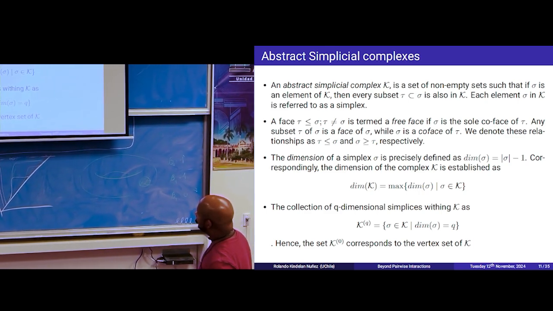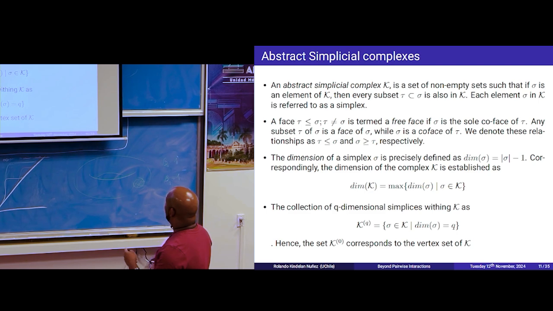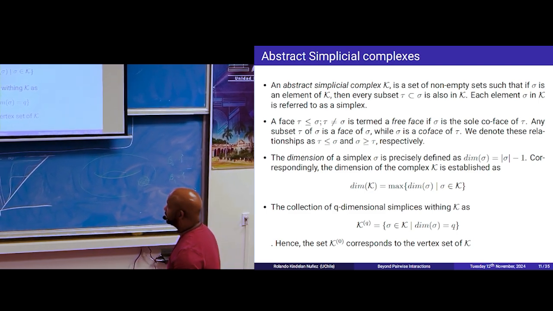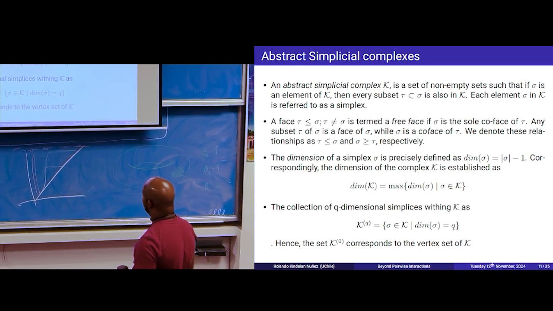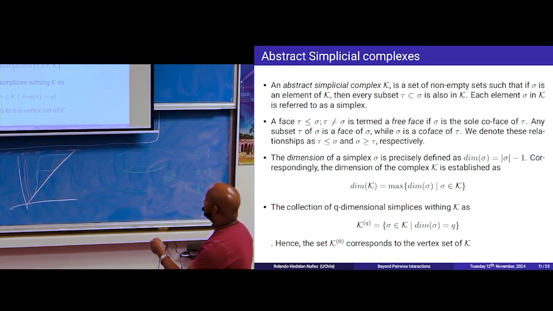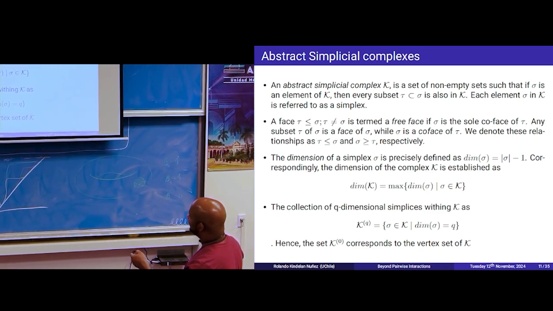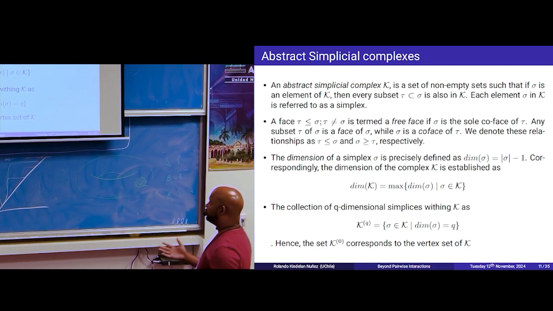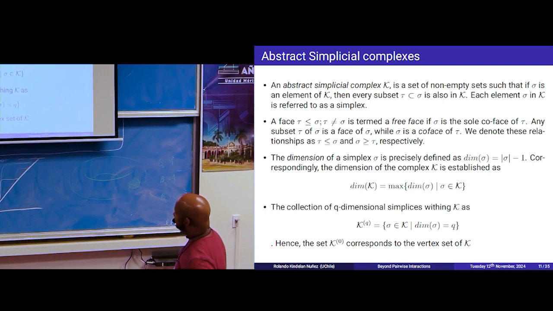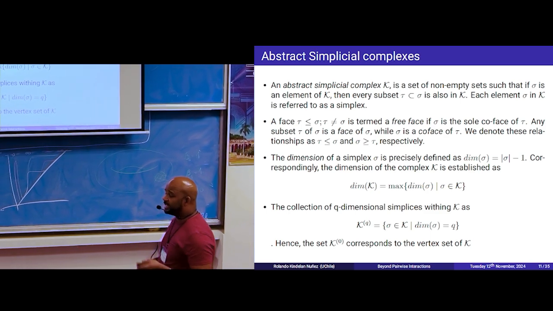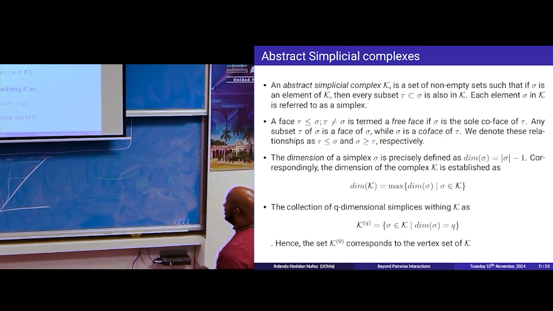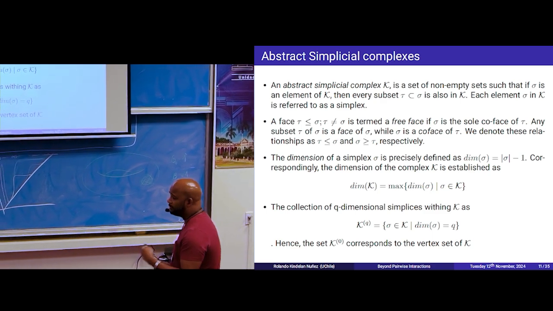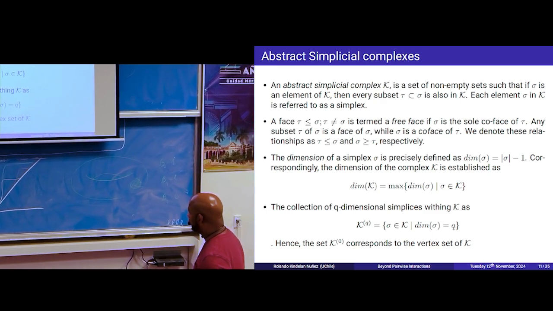Then a face: any subset of a simplex is called a face of that simplex, and it is represented with the less than or greater than symbol. And the dimension of a simplex is the cardinality minus 1, and the dimension of the simplicial complex is the maximal dimension of its simplices.